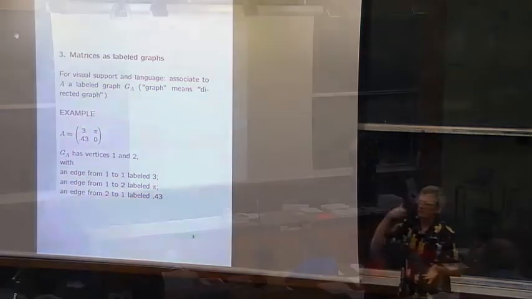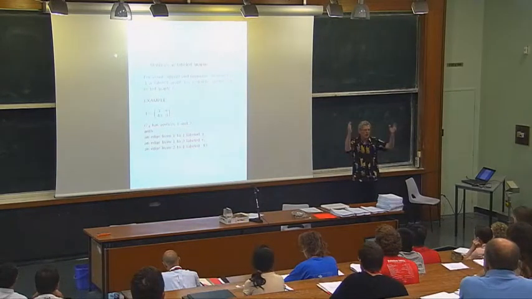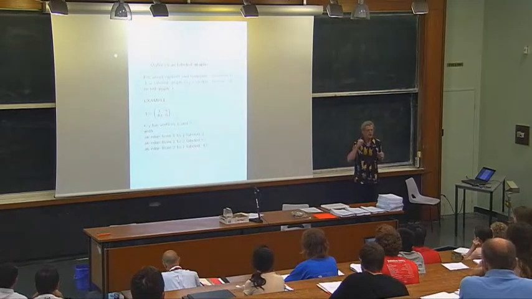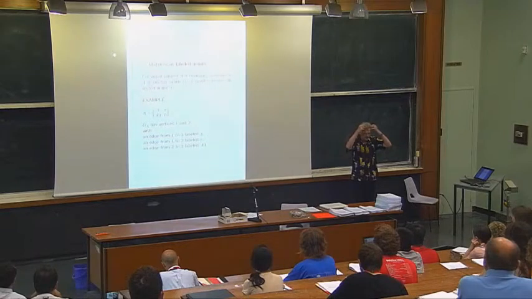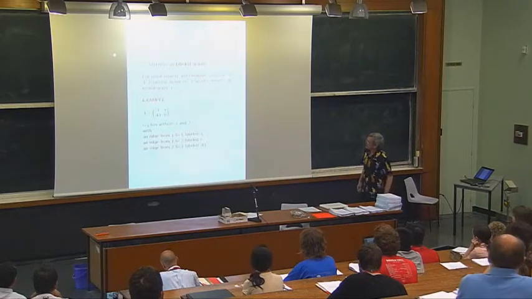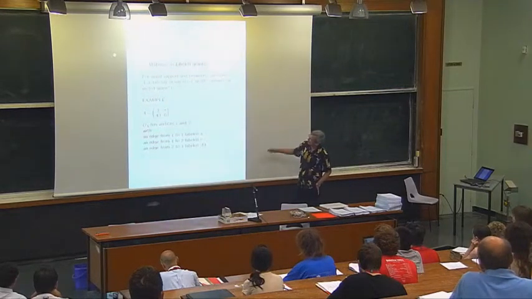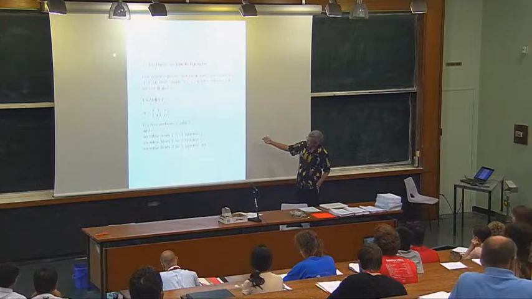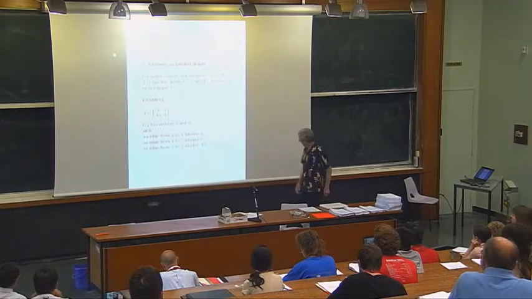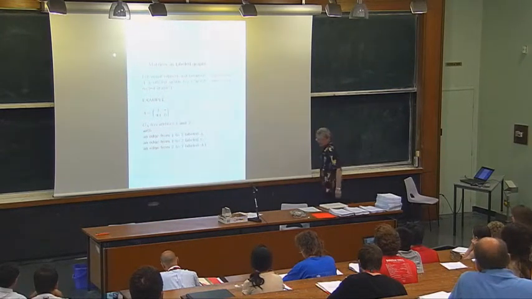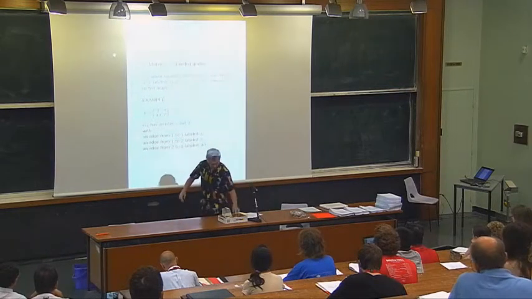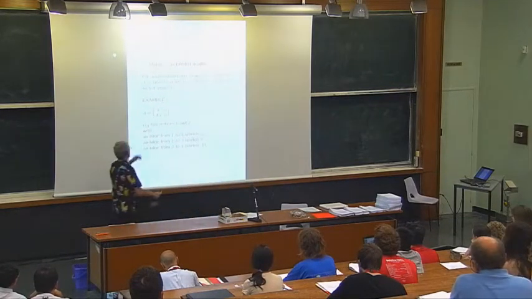If you're not blind, good chance the best part of your brain for mathematics is the visual part. So the more you can engage that, the better. So given this matrix A, we associate to it a labeled directed graph in the following way. I think it will be obvious what I mean if I just write an example.